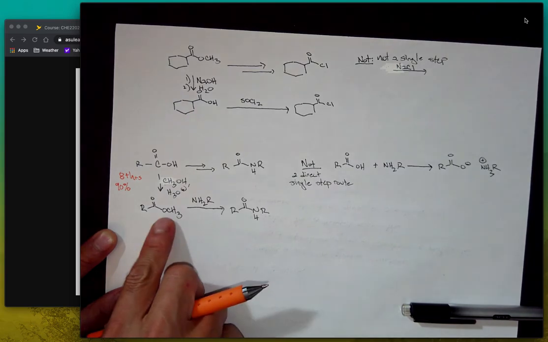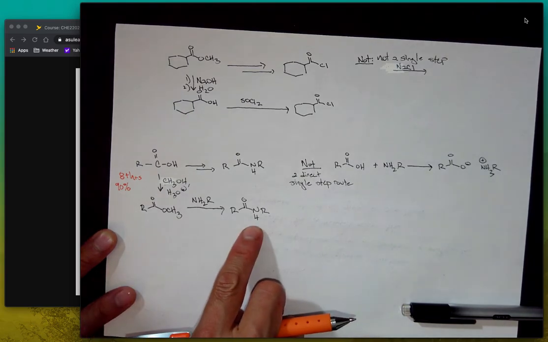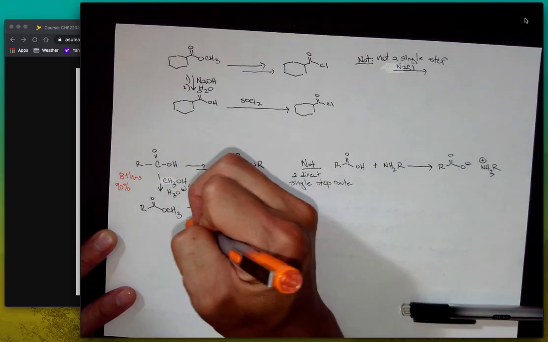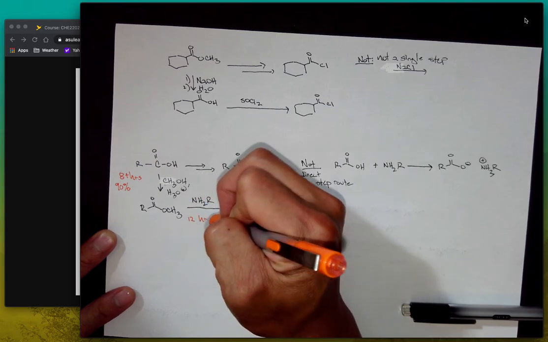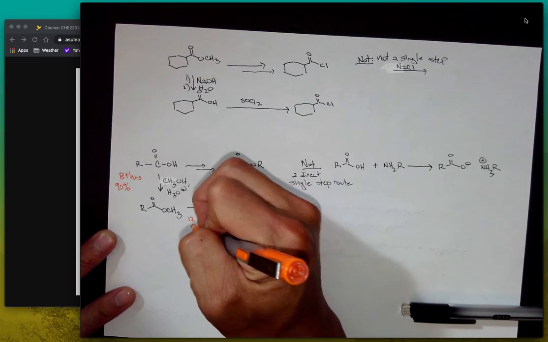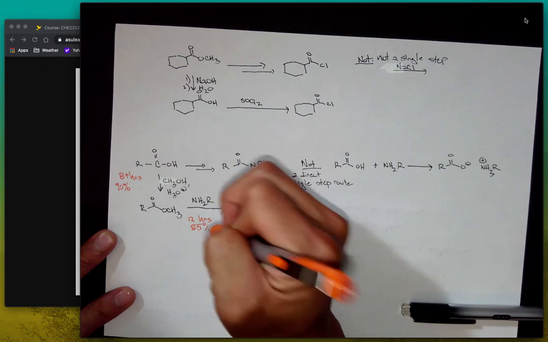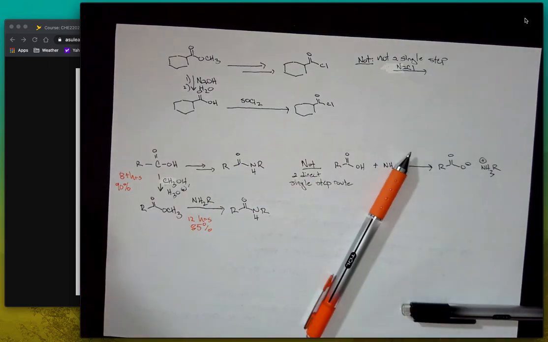And then conversion of this ester into this amide typically would take about 12 hours, and you would get about 85% yield. And so just a little bit of math, 0.9 times 0.85 gives you an overall yield.